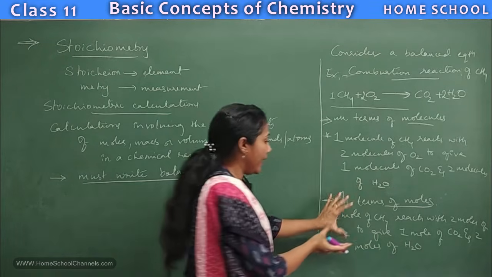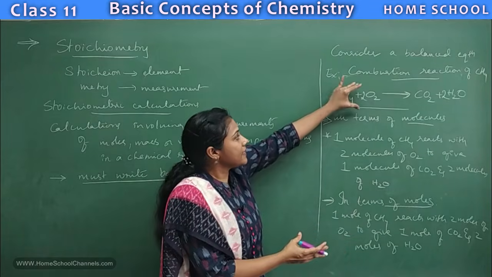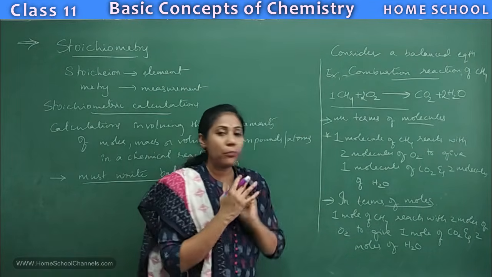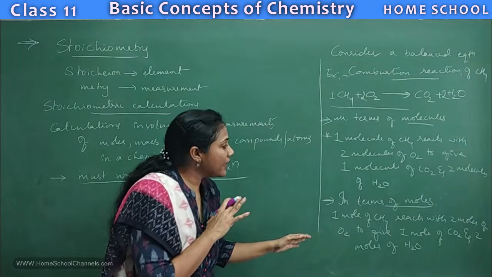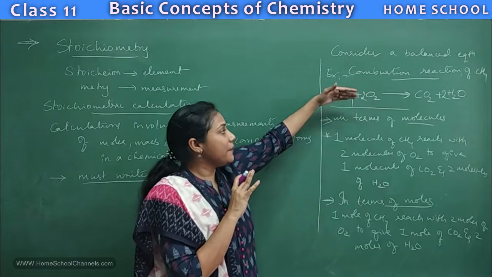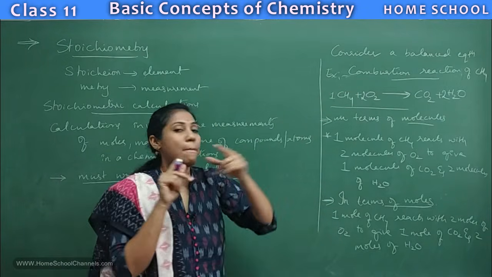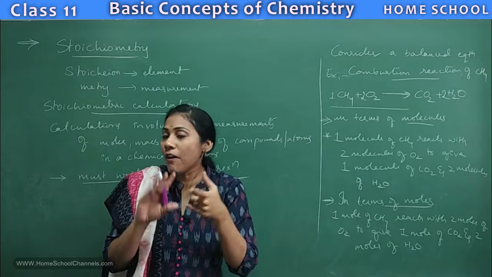This is the way I can explain this chemical reaction in terms of moles. Similarly, I can explain the same reaction in terms of mass, also in terms of volume.